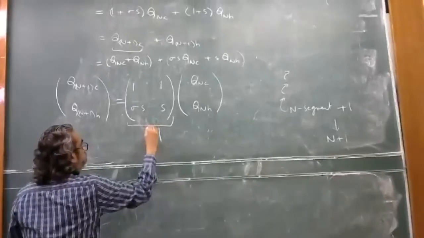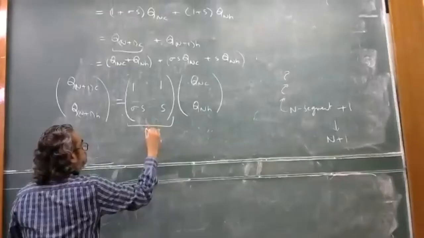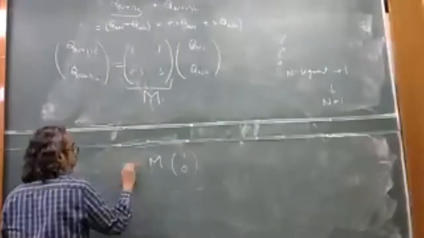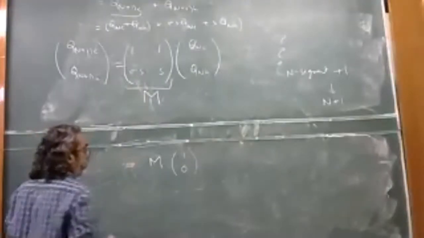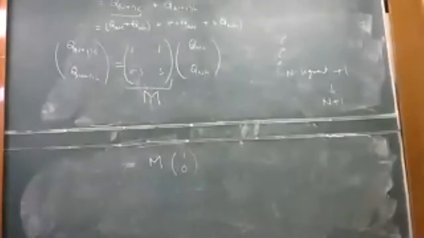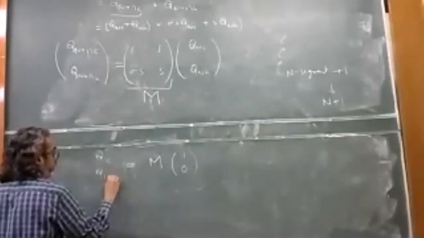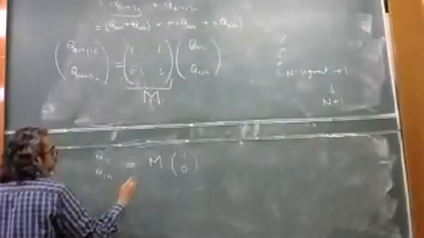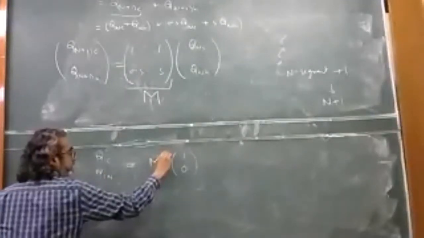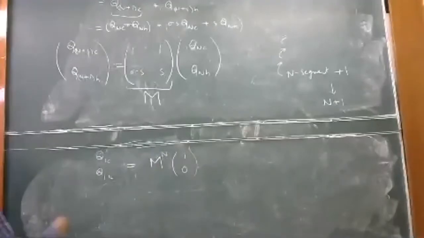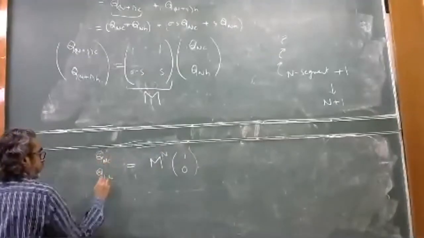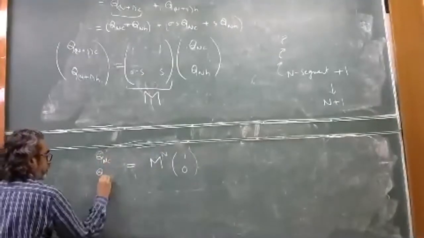If you start with this, imagine this M, you get Q1C and Q1H. But then if you do this n times, you get QnC and QnH.